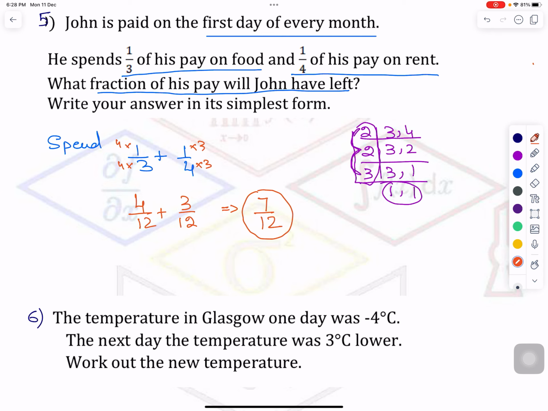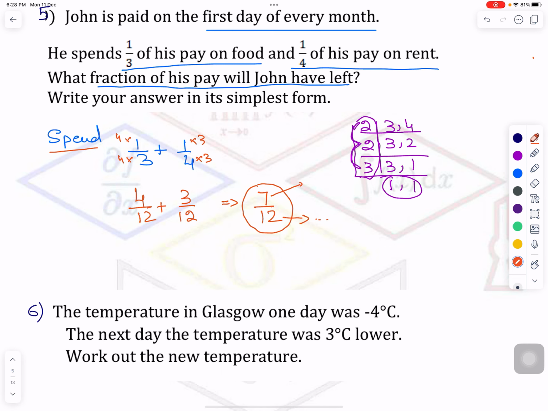Whenever you're writing in fraction form about a word problem, the denominator represents the total parts, and the numerator represents the part which we are talking about in the question. So here we are talking about what? Spent. So if 7 parts are spent out of 12, what is left? How many parts are left? Some people actually do 1 minus 7 divided by 12. No need. Why?